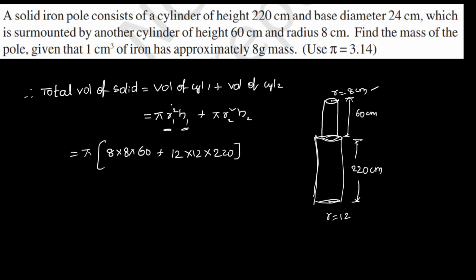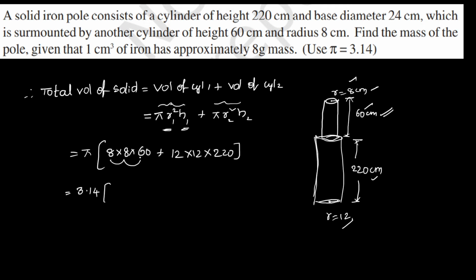Look, pi r1 square h1 plus pi r2 square h2. The value of pi is 3.14, as given. So 8 into 60.